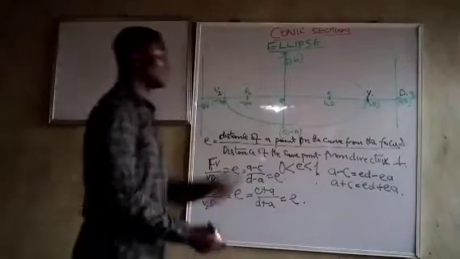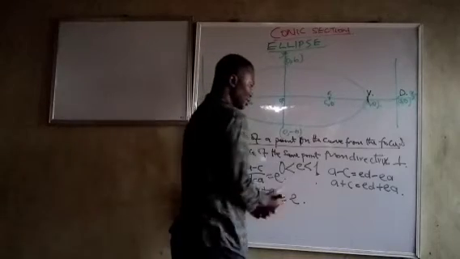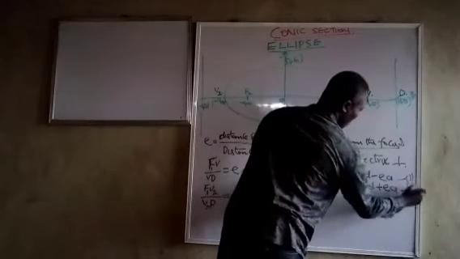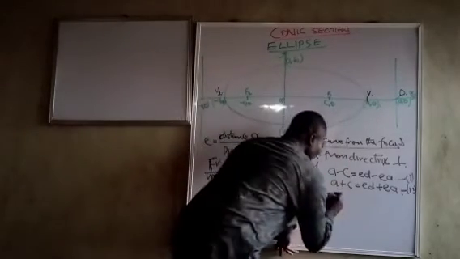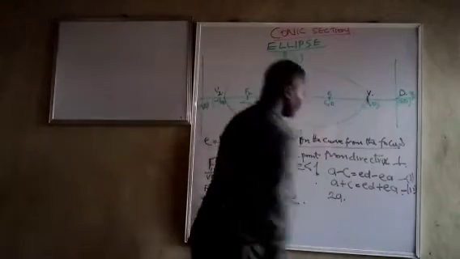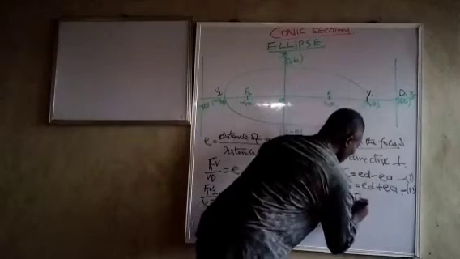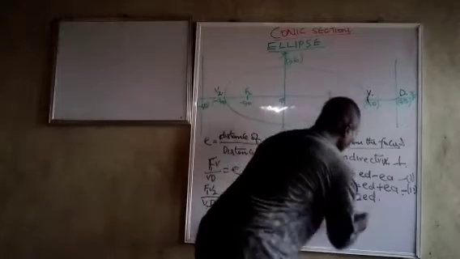Look at a very funny equation. So this is 1, this is 2. Now, if we add 1 and 2, we are going to have 2A, and on the other side 2ED. So what do we have here now?